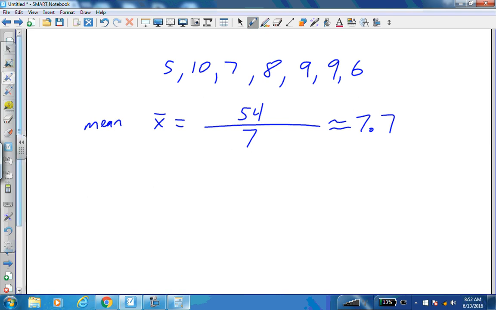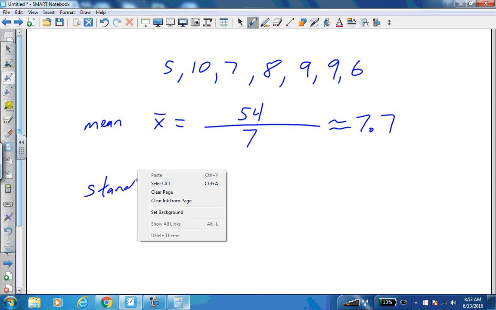So notice some data values are below the mean, other data values are above the mean. So if we want to know on average how far the data values are from the mean, we calculate something known as a standard deviation.